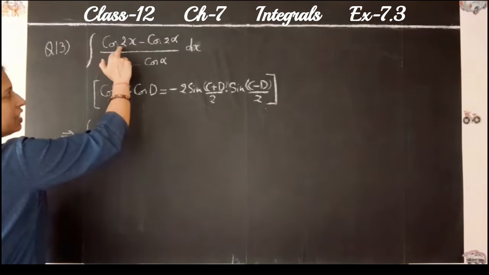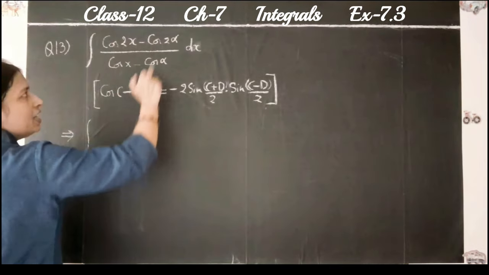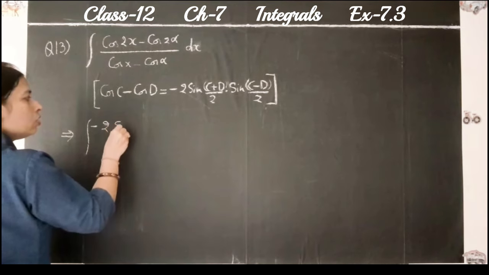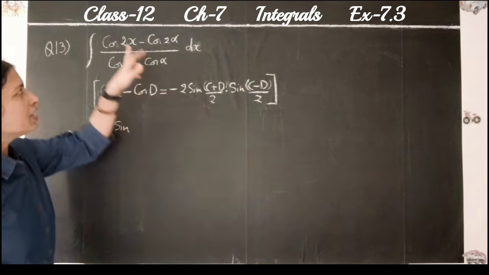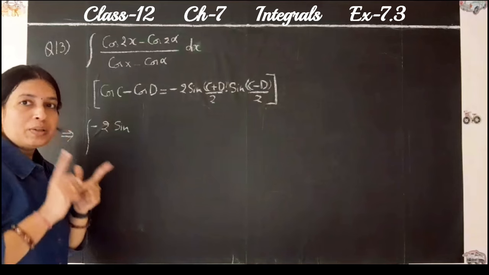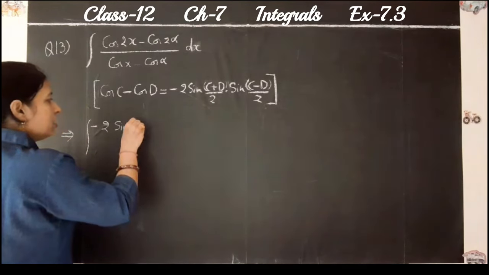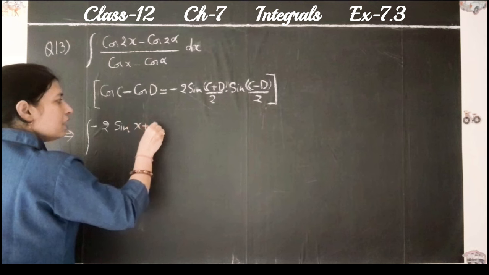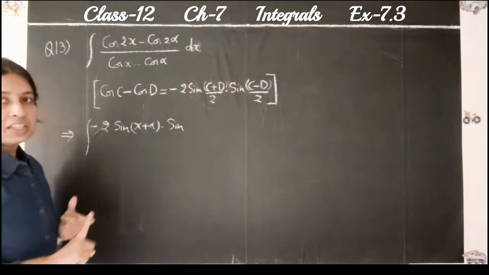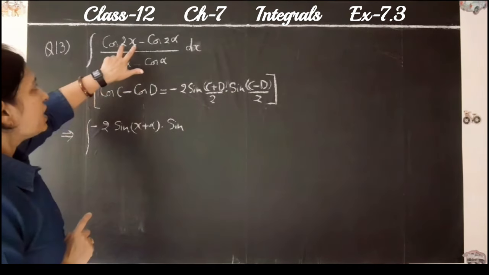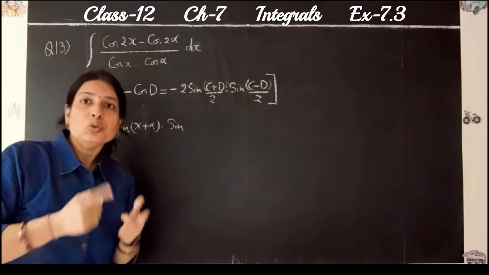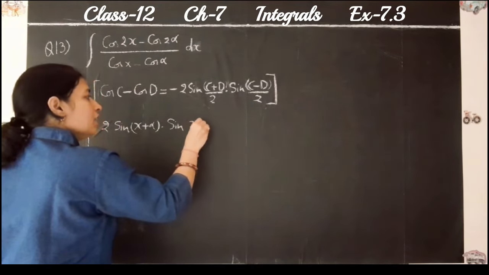In place of c it is given 2x and in place of d it is given 2 alpha. So it will be minus 2 sin of c plus d, which means 2x plus 2 alpha divided by 2, so it will be x plus alpha. So write here x plus alpha into sin of c minus d divided by 2. So c is here 2x, so 2x minus 2 alpha divided by 2 will be x minus alpha.